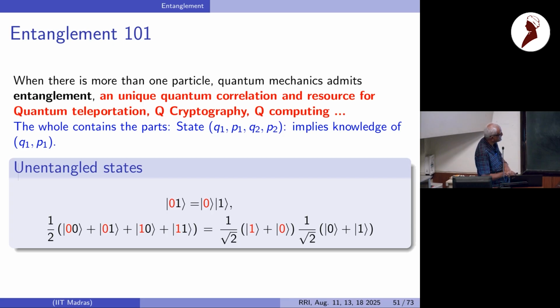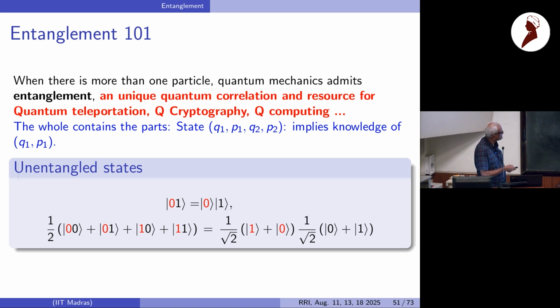So what is entanglement? Very roughly again, 101. A product state like this, if you take two particles, let's say qubits in which the states can be 0 or 1, then you can think about it as up or down or whatever it is, some binary thing. So if it can be written as a product like that, then it's unentangled.